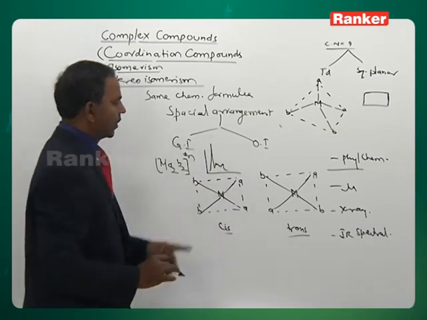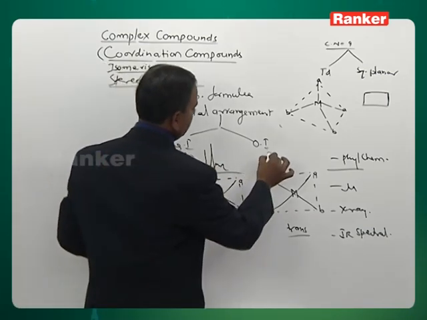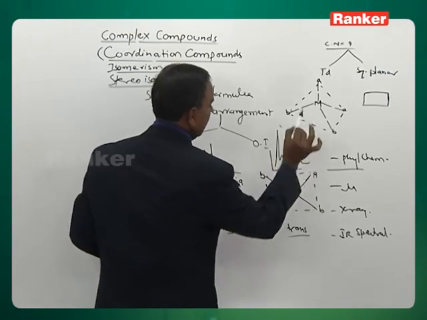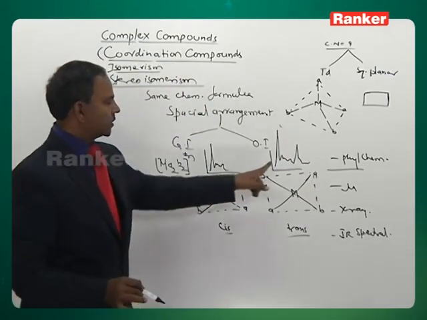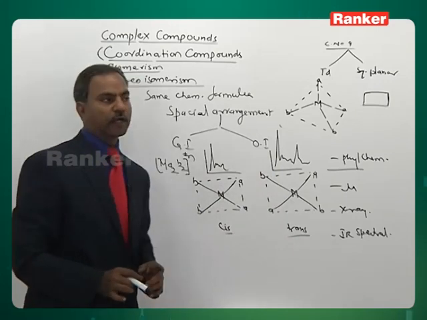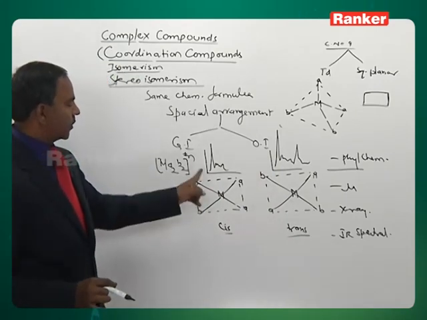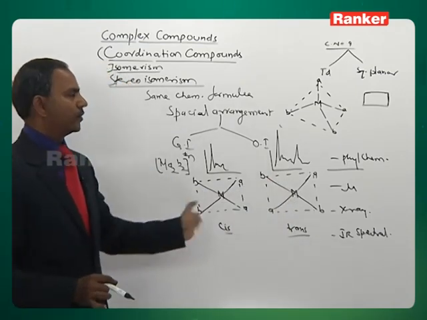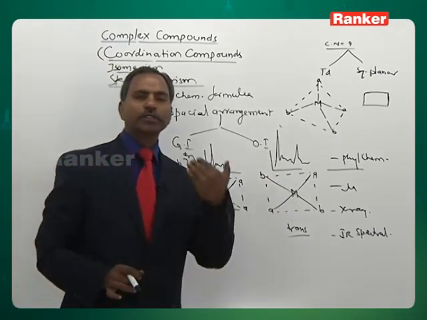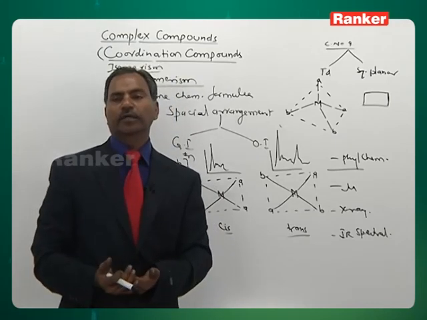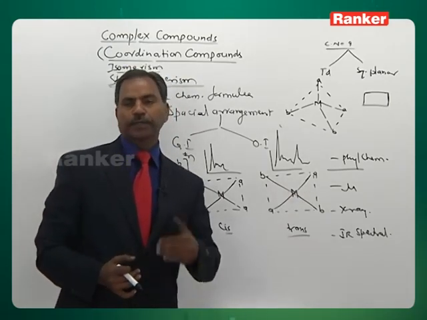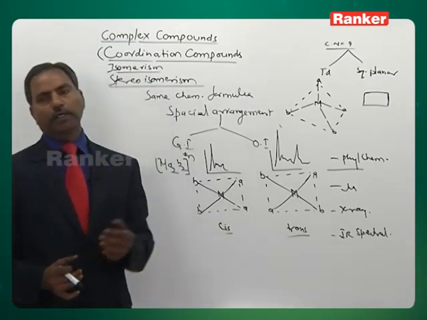For a trans isomer, the absorption bands are a little bit different. See, the peaks or absorption bands are different. This is the IR spectrum of the cis isomer, and this is the IR spectrum of the trans isomer. According to this also, we can say which is cis and which is trans. So this is the way we differentiate the cis isomer from the trans isomer.